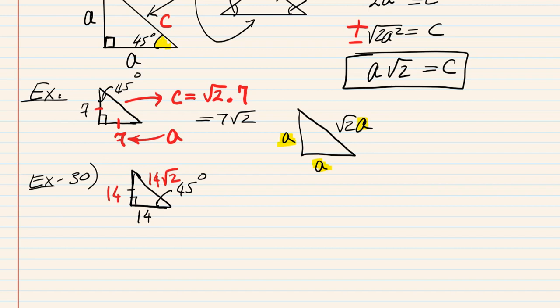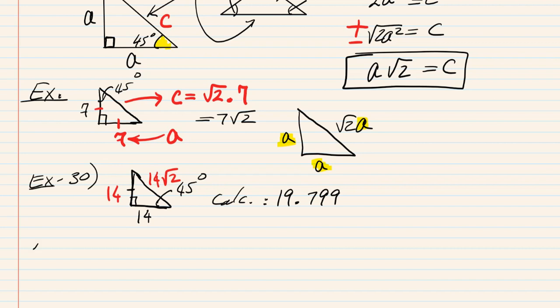So on the calculator, the answer is going to be square root of 2 is about 1.414 times 14. So rounded to the nearest 1,000 is 19.799. Okay, and pretty straightforward, simple.